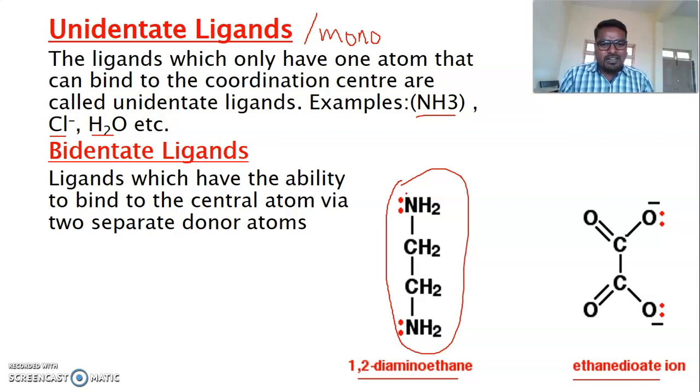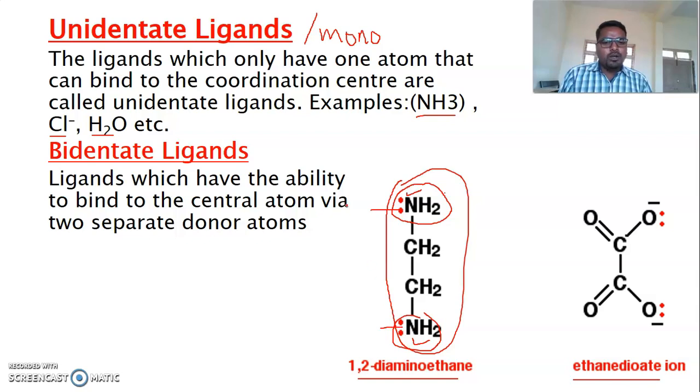We can understand this by taking ethane-1,2-diamine. You just observe this compound, NH2 CH2 CH2 NH2. This is also called ethane-1,2-diamine or 1,2-diaminoethane. Here in the terminal positions it has two NH2 groups. In the two NH2 groups, the two dots are nearby the nitrogen. So the 2 nitrogens act as donor atoms.